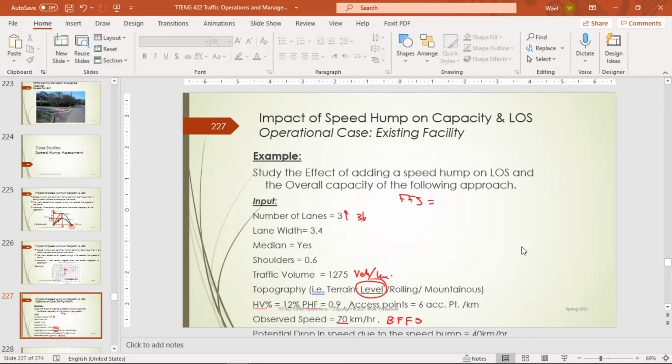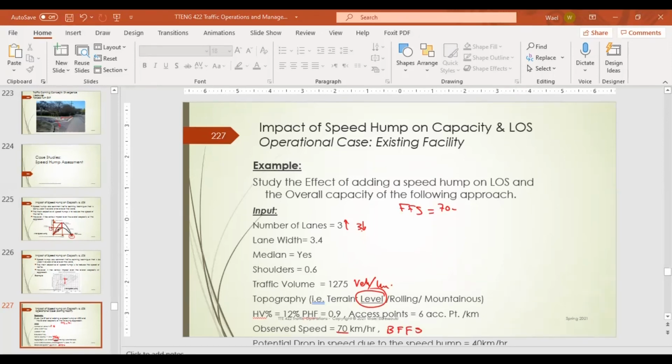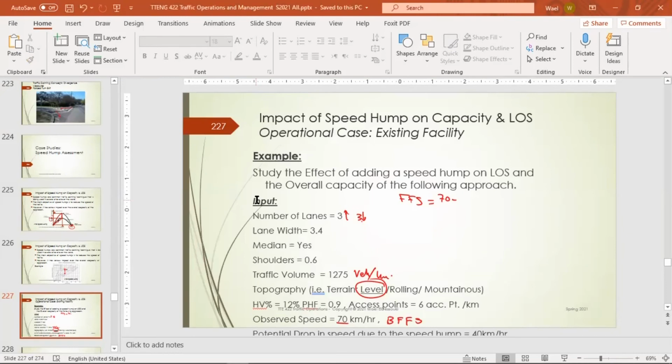So the basic free flow speed is 70 minus the lane width is 3.4, so we need to adjust for that. So basically the free flow speed will be 70 minus adjustment factor for lane width, minus adjustment factor for lateral clearance, minus adjustment factor for median, minus adjustment factor for access points.